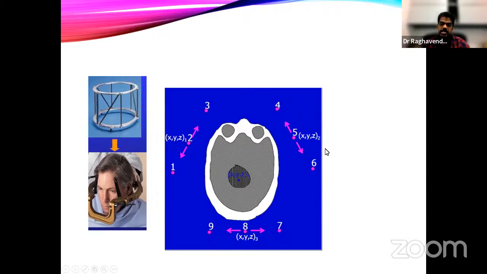And again 6 and 7, 1 and 9, and 9 and 7. These positions are fixed throughout the CT scan, because you see the lines are parallel to each other. Whereas there is one slanted line here, that means point 2, point 5, point 8 keep varying. It may go towards one side at one angle, towards the other side at another.